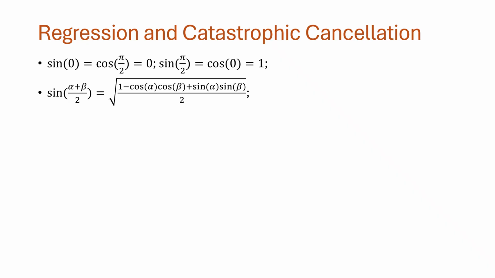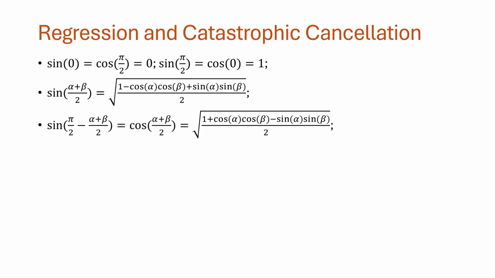And we can use this formula to regress for other angles between 0 and pi over 2, and also this formula to regress for other angles above pi over 4, right?